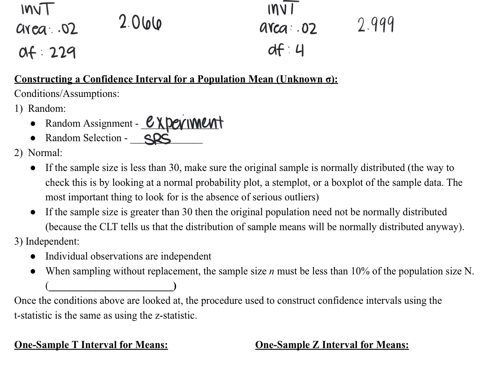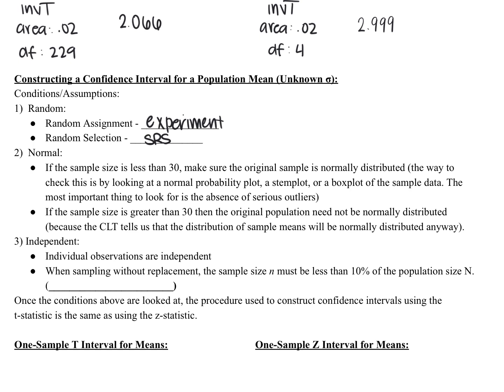When it comes to normal, it's the same conditions as before. If your sample size is less than 30, you have to make sure your original sample is normally distributed. One way we can do that is to look at a graph of the sample data.